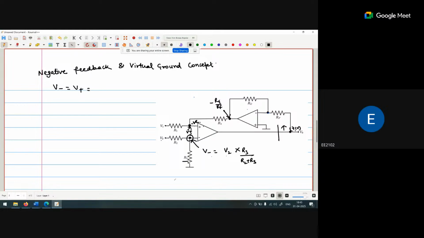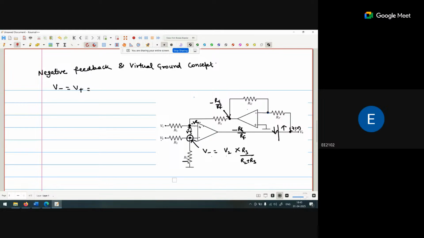Now this negative voltage here, you are getting again a minus Rg by Rf, multiplied with plus, so again you are getting a minus Rg by Rf. So the voltage at this point you are getting is negative. That means this feedback is a negative feedback. Okay, this feedback is the negative feedback.